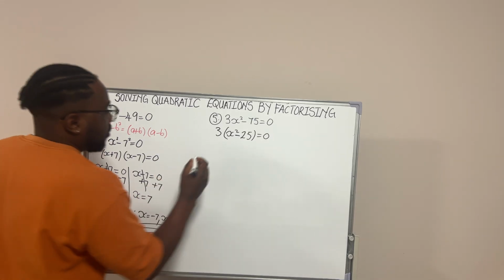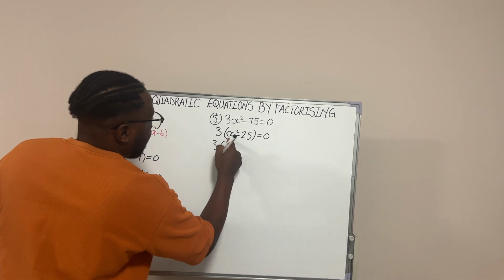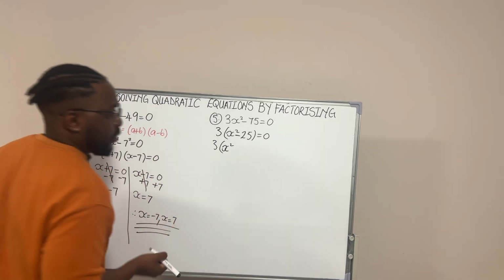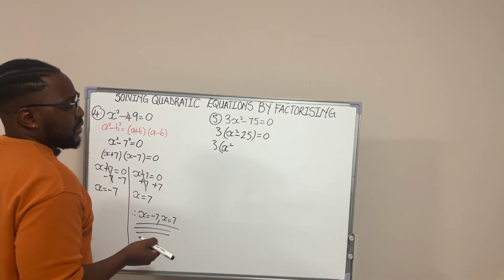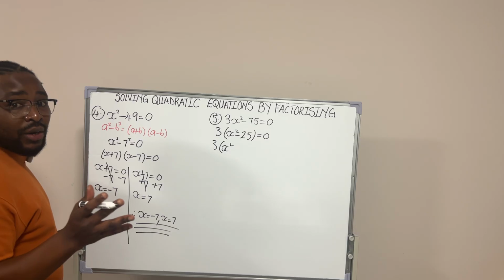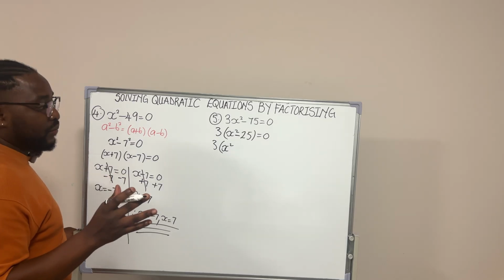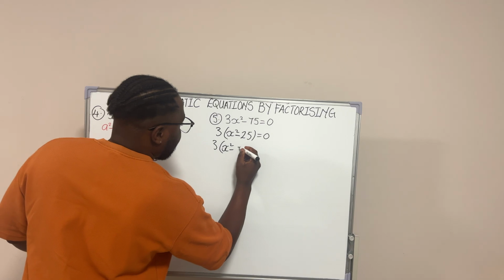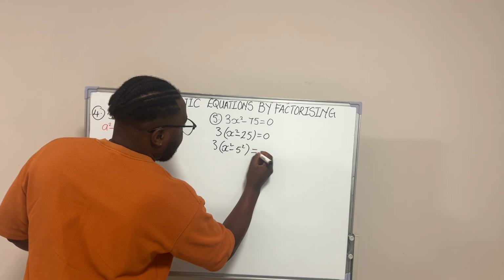What do I mean by that? Is x squared a perfect square? Yes, x squared is a perfect square, right? Is 25 a perfect square? Yes, 25 is a perfect square. What is the square root of 25? 5, right? So then we shall have what? Equal to 0.